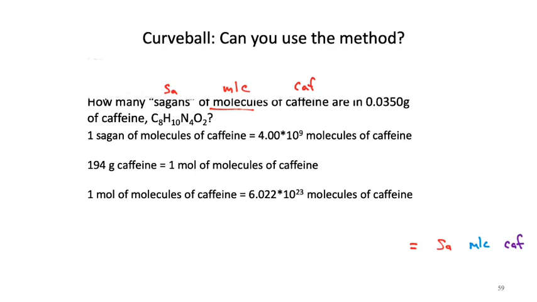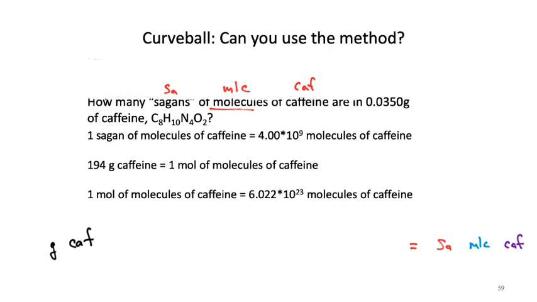That is a personal preference. Sometimes it's a rhetorical choice. Usually, what people will start with, to the far left, because that's what we said to do, would be grams of caffeine.